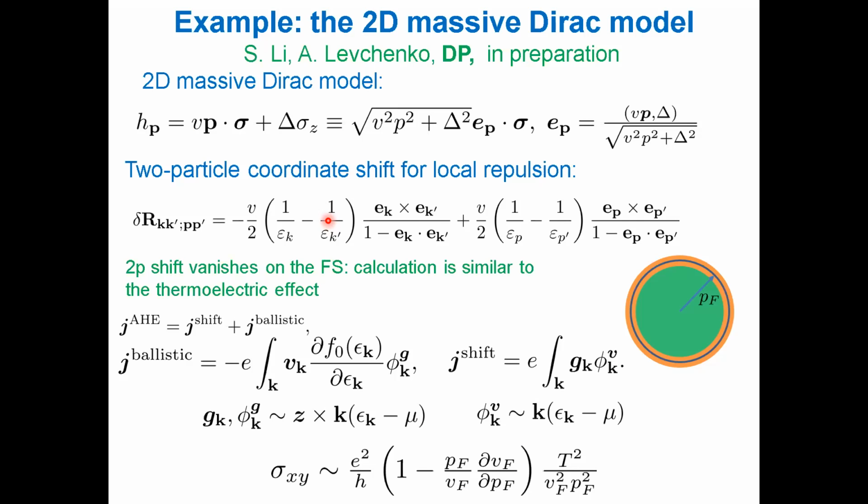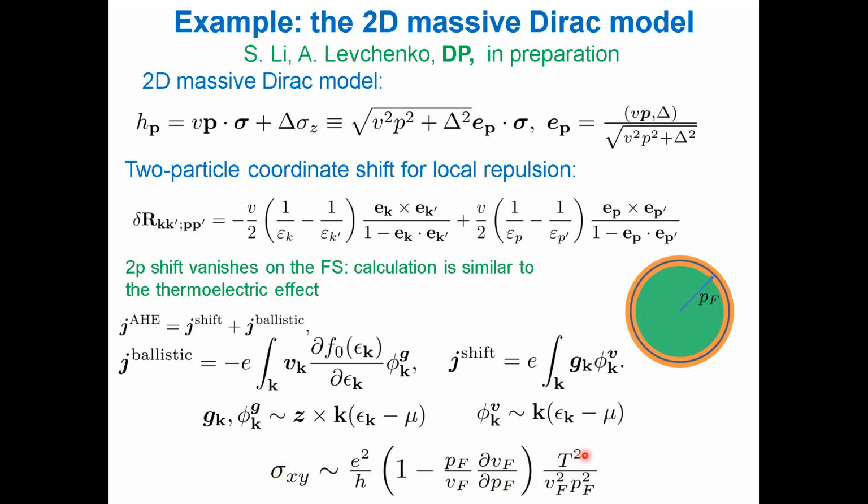So you actually need to take into account the energy dependence of the distribution function. And when you do this, it's very similar to calculating the thermoelectric effect in the Fermi liquid. So overall, the expression for sigma xy ends up being as follows.